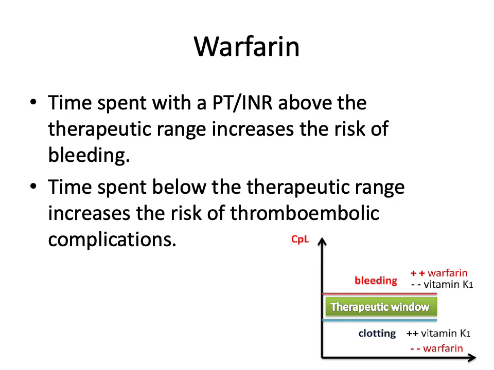When the time spent with the INR is above the therapeutic range, it increases the risk of bleeding. But when the time is spent below the therapeutic range, it increases the risk of thromboembolic complication, which is the first reason why we start warfarin.